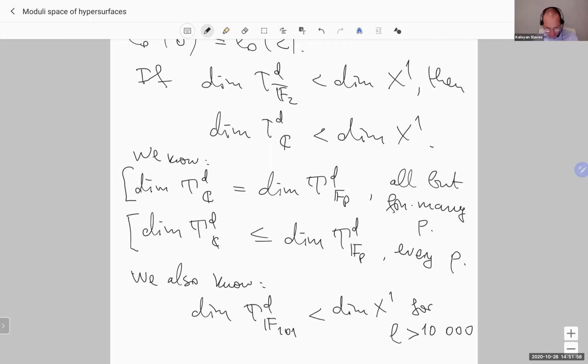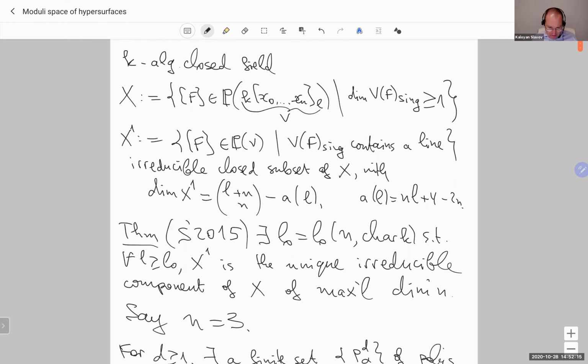But doesn't your statement assume that L is large enough somehow? Well, in my statement, let's go back to the original statement. The statement is that there exists a bound L0 which may depend on the characteristic, so that for all L greater than or equal to L0, x1 is the unique irreducible component of maximal dimension.